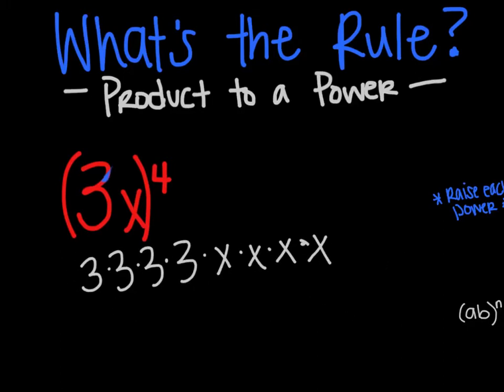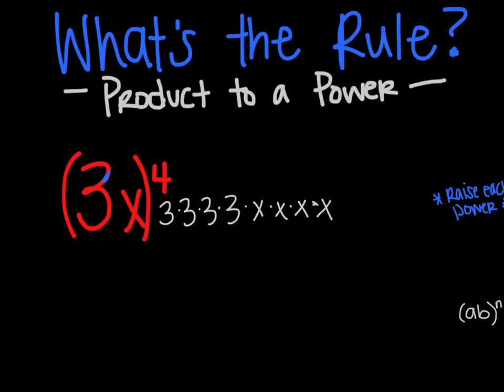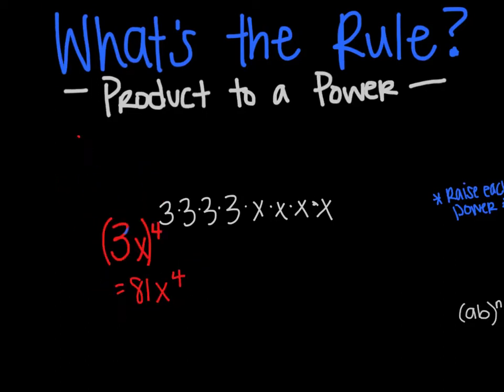And so because of that reasoning, I can say then that I'm taking 3 times 3 times 3 times 3, which is 81. And then x multiplied 4 times would be x to the 4th power. So that is my answer to that problem.